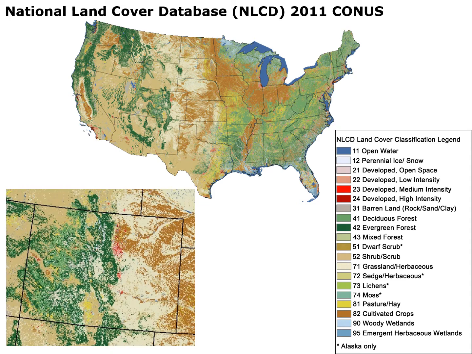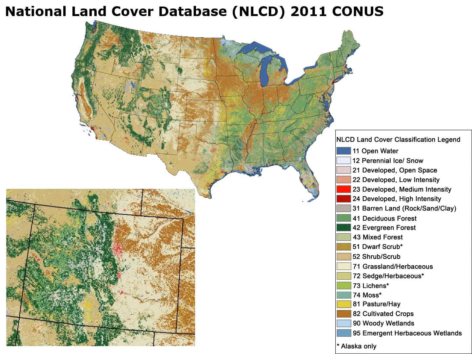So simple, basic land cover designations like open water, ice, 4 levels of developed lands, barren lands, deciduous, evergreen, and mixed forests, dwarf scrub, which is an Alaska only class, shrub scrub.